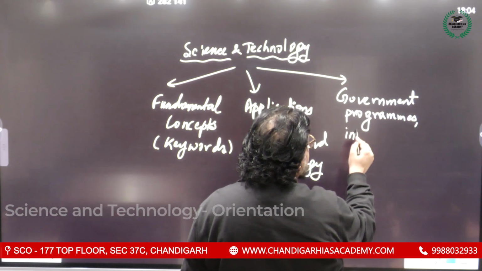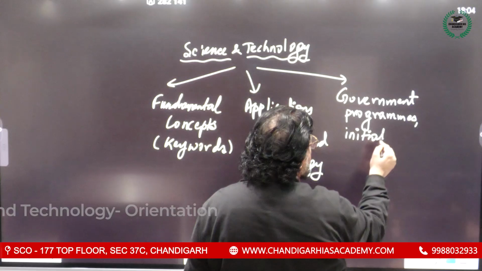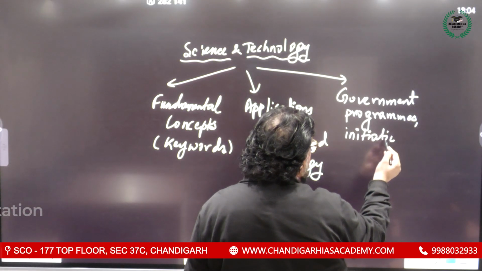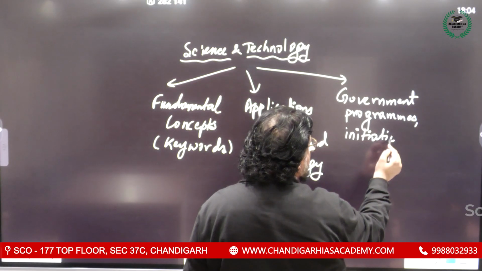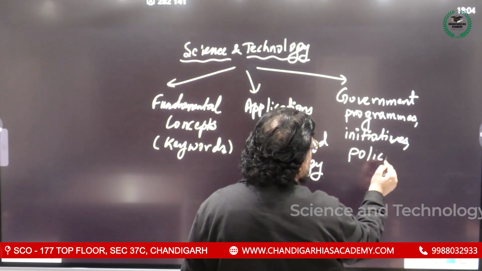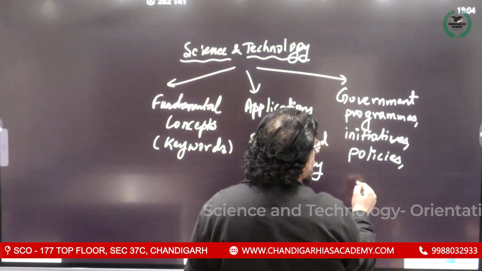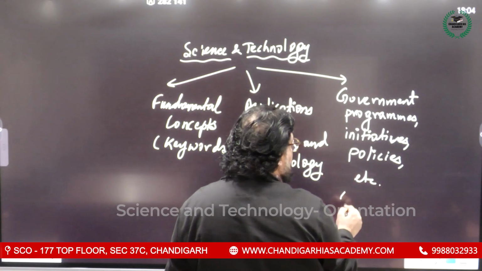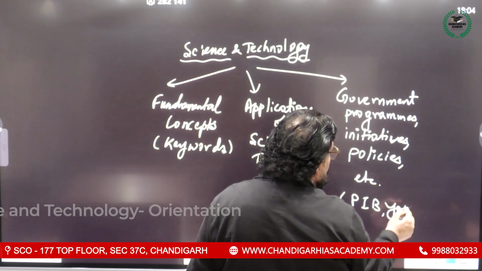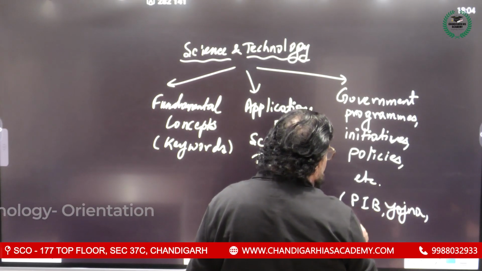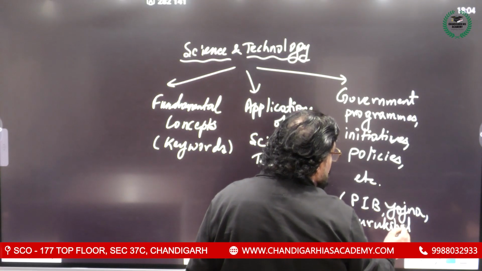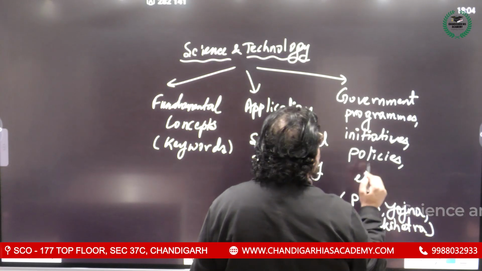Whatever the policies are for the development of science and technology in Punjab, and the Government of India's initiatives and policies, we need to understand all such areas. And for that, PIB, Press Information Bureau, Yojana, Kurukshetra, such kinds of magazines become very important for understanding and also in terms of answer writing.